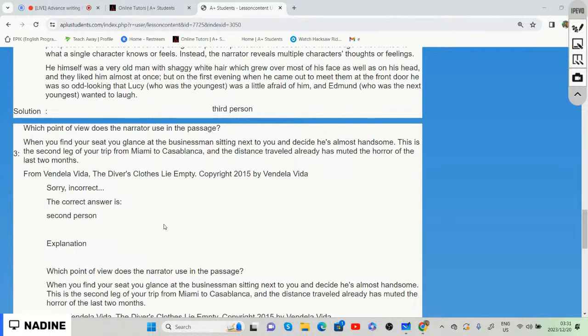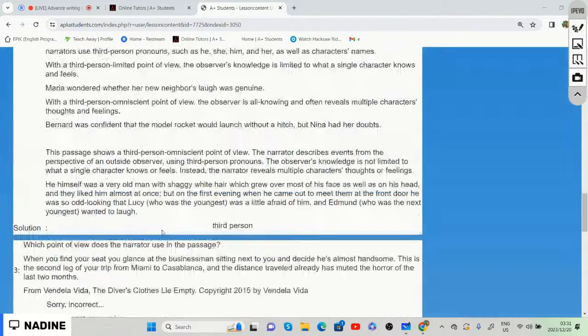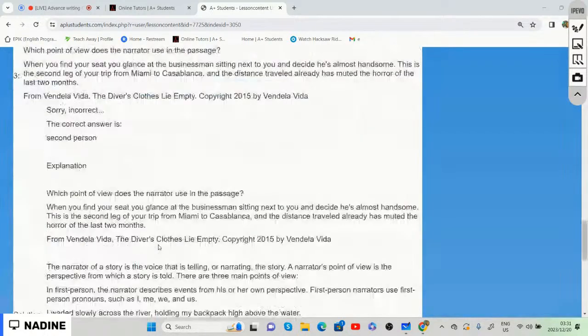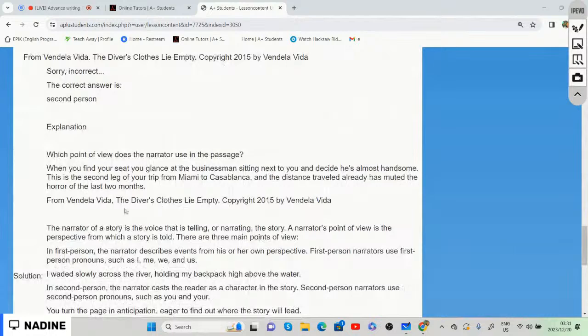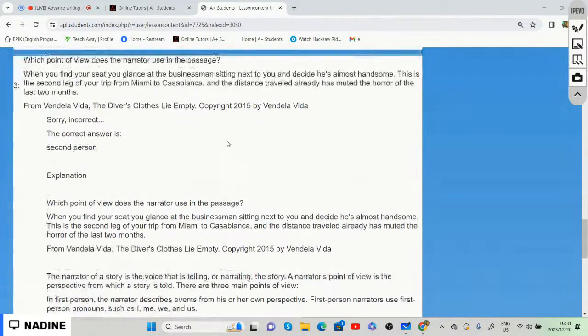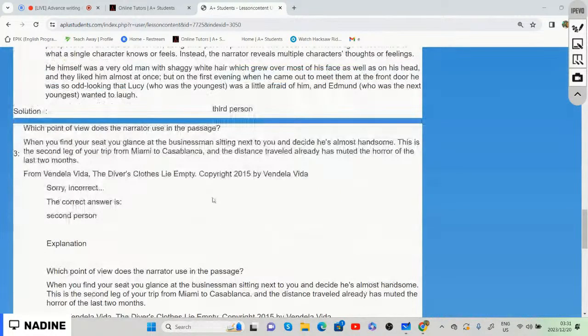Then we can say it is the second person, and it is basically where the narrator casts the reader as a character within the story. So it's second person.